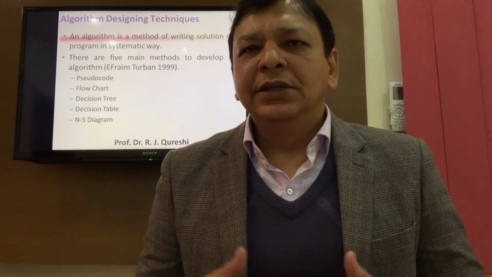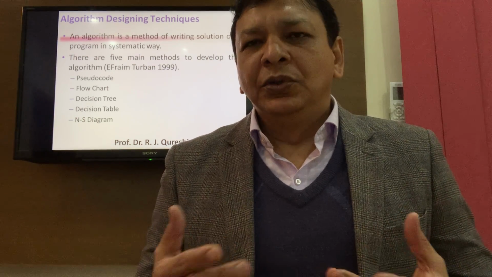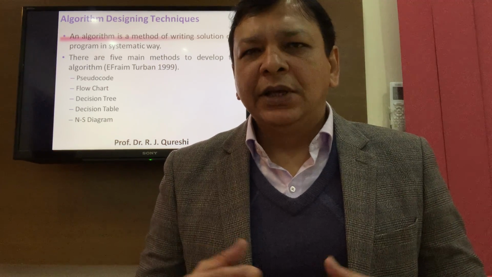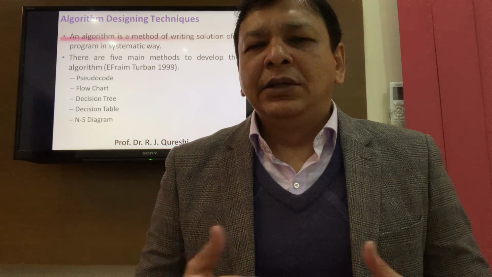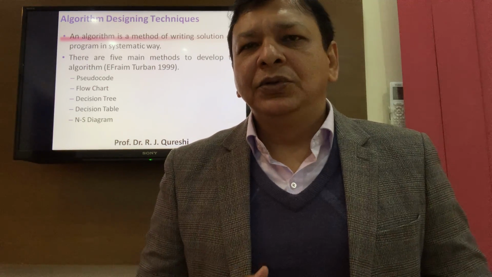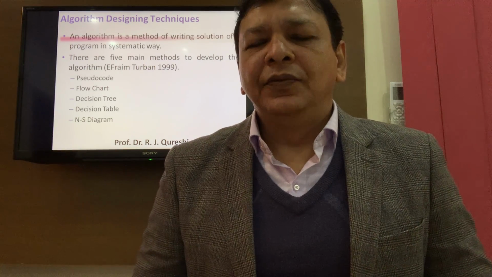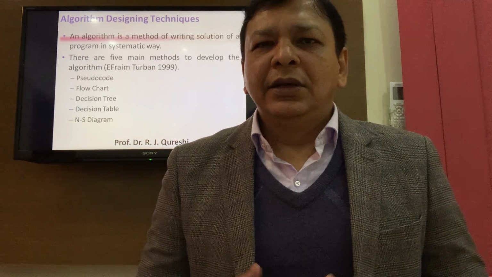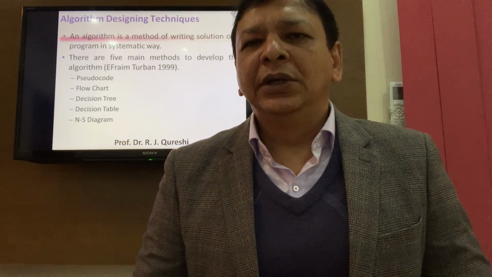Pseudocode is English statements to show the step-by-step solution, whereas flowchart uses graphical symbols. It's a graphical technique to design the solution of the problem. And then decision tree, we have branches, and the decision table, we have a table to show the decisions.